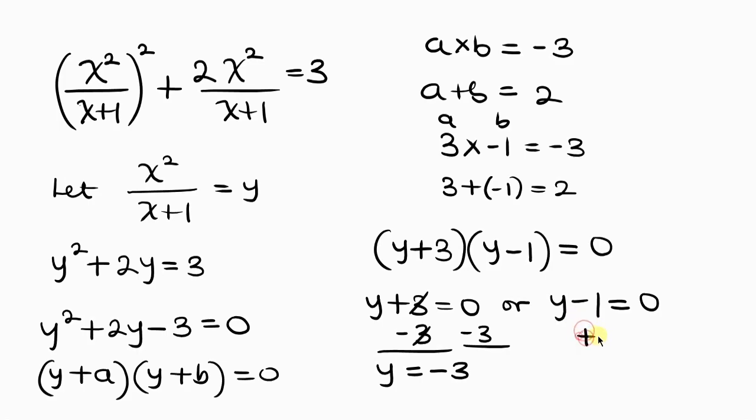So I'll add 1 here and 1 here. So this becomes y, and negative 1 plus 1 will cancel out, and this is equal to 0 plus 1, which is 1. So these are the two cases we have. And we're going to be plugging these cases into what we have here in order for us to get the values of x. So let's go ahead and do that, starting with negative 3.